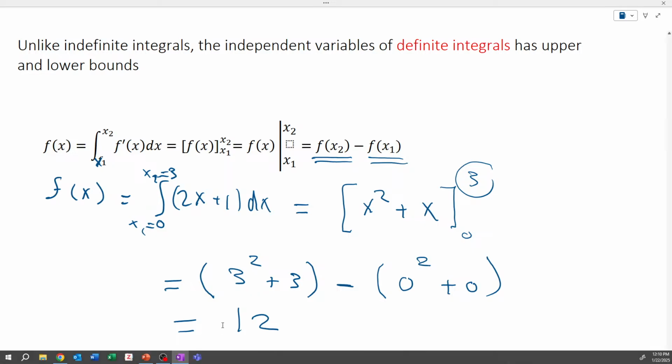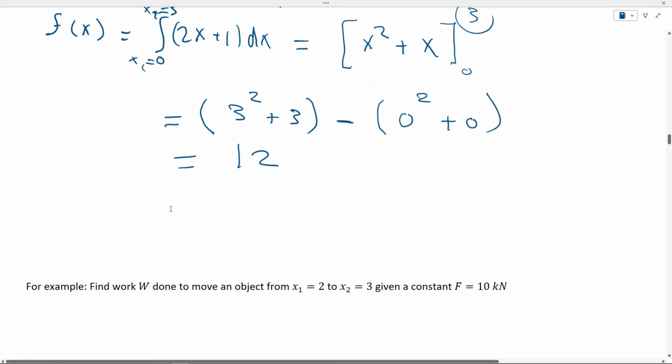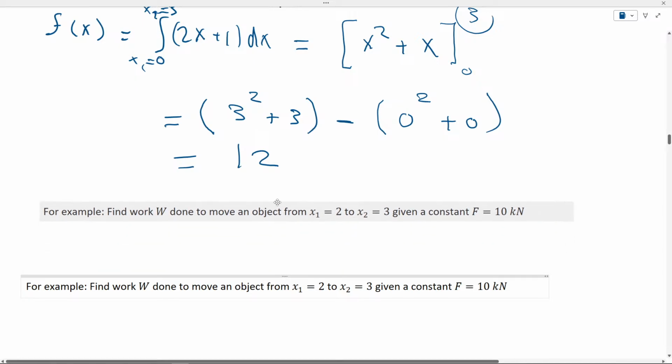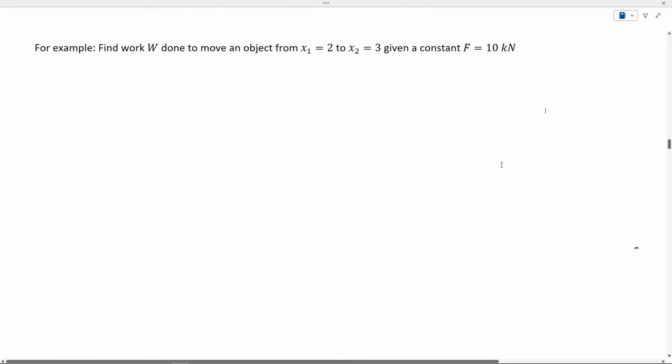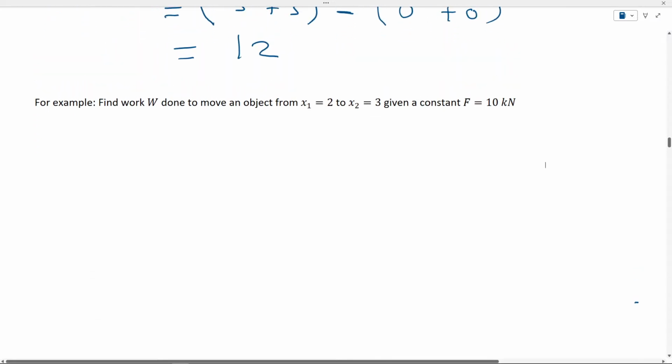Let's do one more example, where we will form an integral and solve it, not just form it, but solve it also. So find the work done to move an object from x1 to x2 given a constant force F. So here, that's my integral.